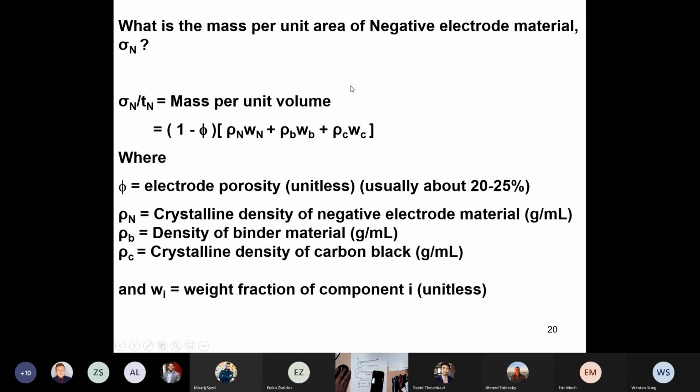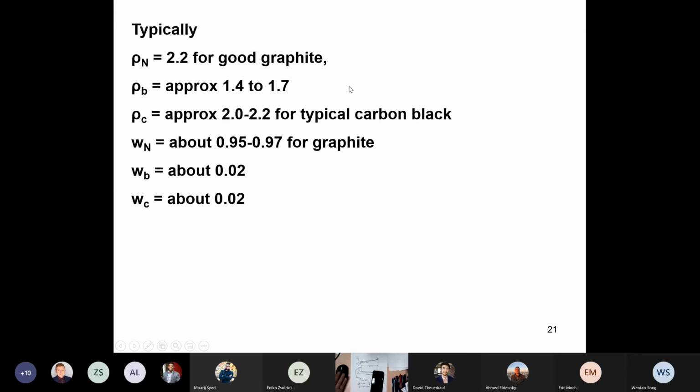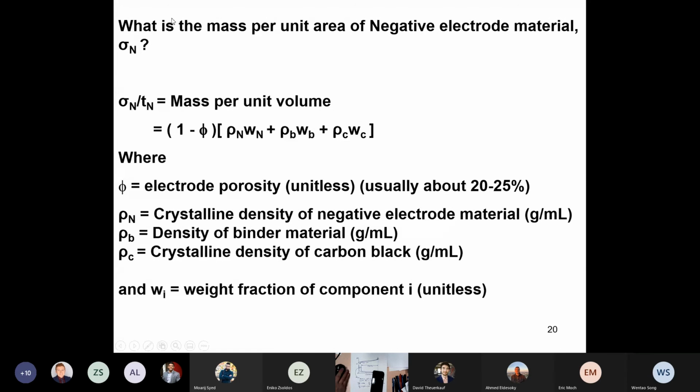And all these things are known. Density of graphite is 2.2, binder is 1.4 to 1.7, carbon black weight fraction, everything is known, okay? So if you want to know the mass per unit area, take the mass per unit volume and multiply by the thickness of the negative, and you get the mass per unit area.